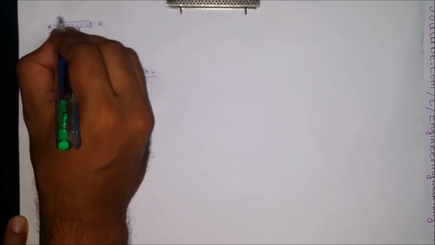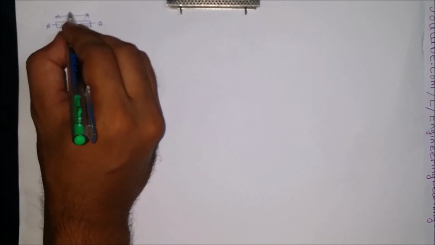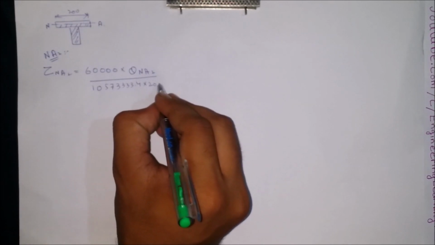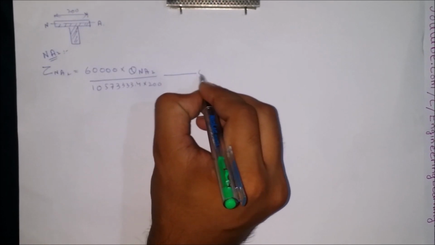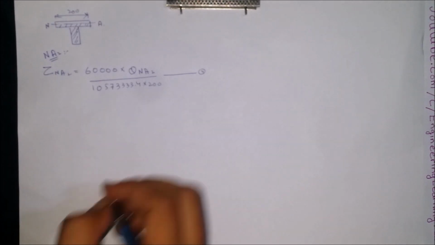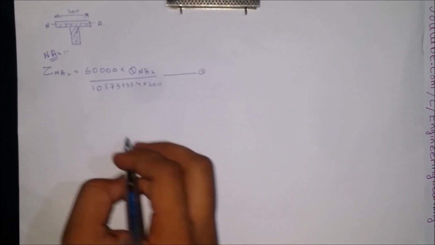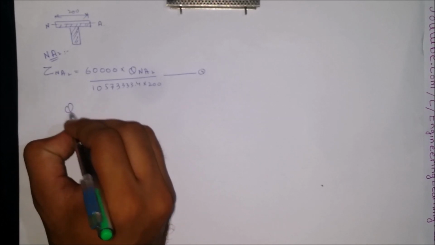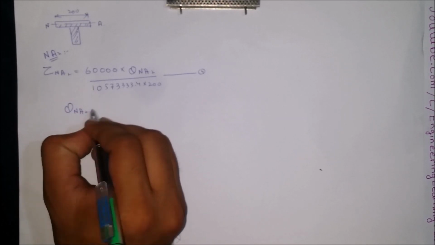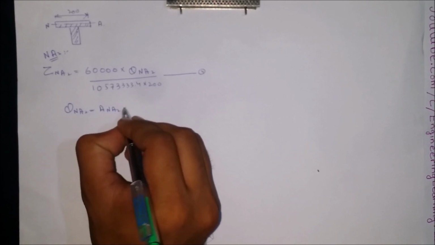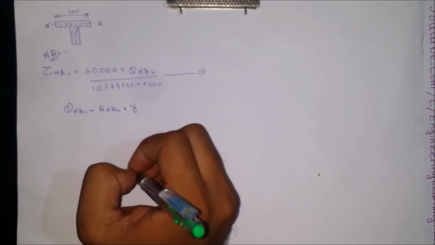The thickness at the considered fiber is 200. Only unknown is Q. QNA2 is the product of area NA2 multiplied by the lever arm.